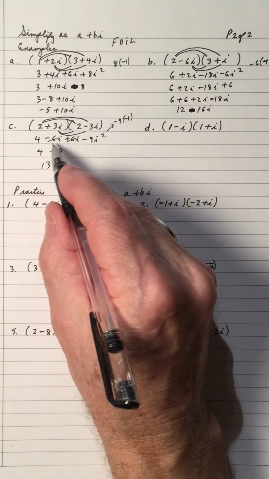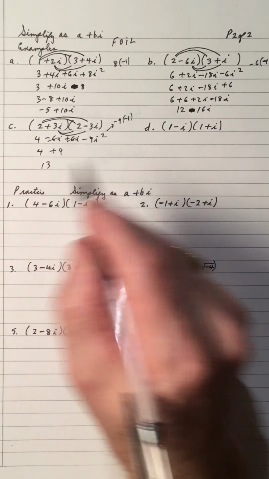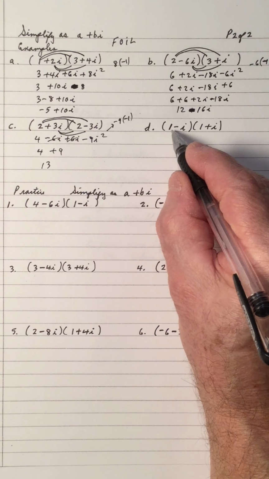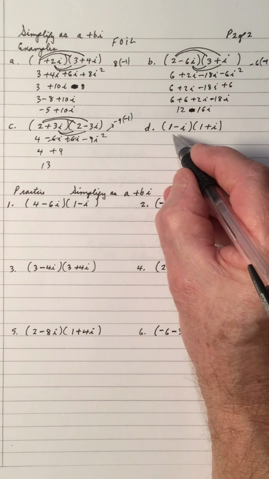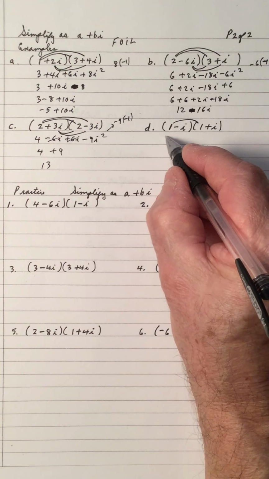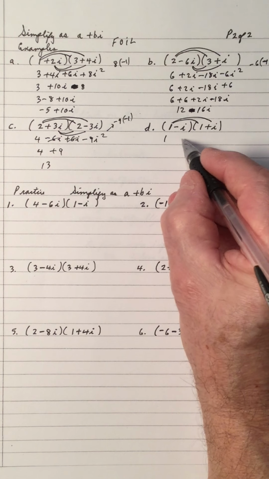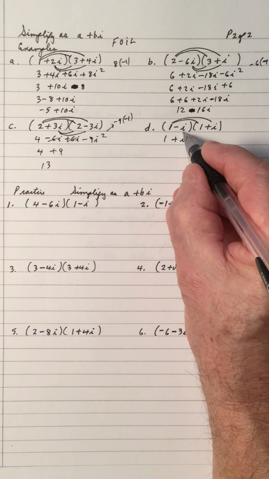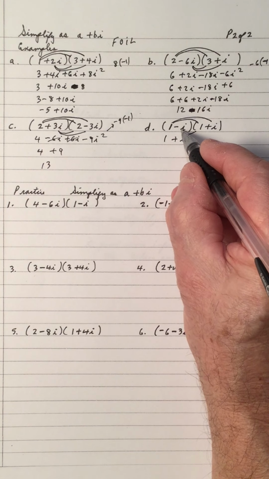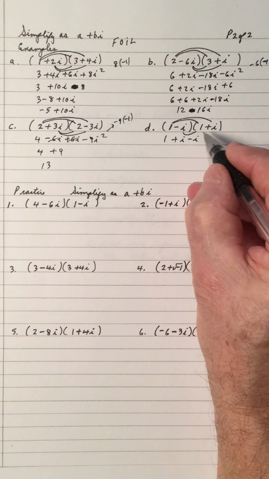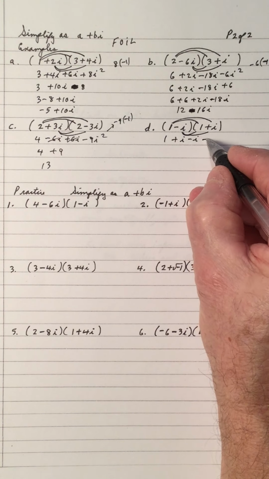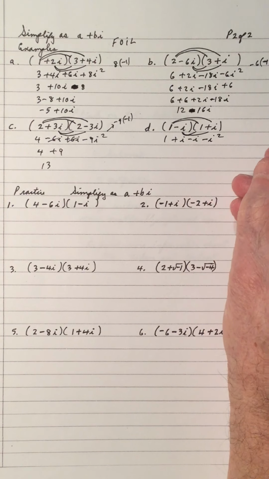Notice the i's cancel out, negative 6i plus 6i. And we have i minus 1, i plus 1. First, 1 times 1 is 1. Outside, 1 times i is 1i, or just i. Inside, negative i times 1 is negative i. And last, negative i times positive i is a negative i squared.